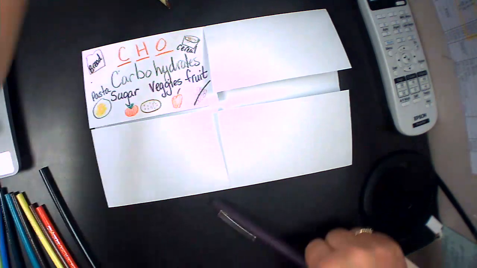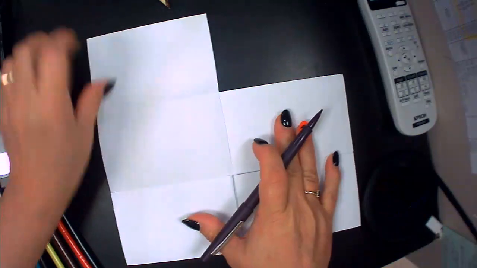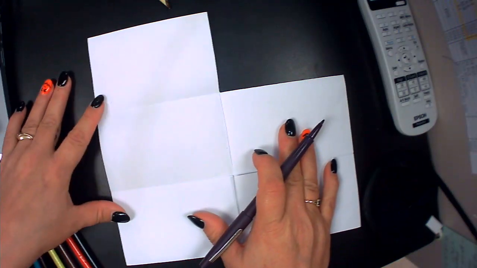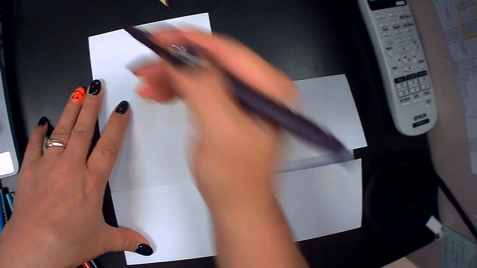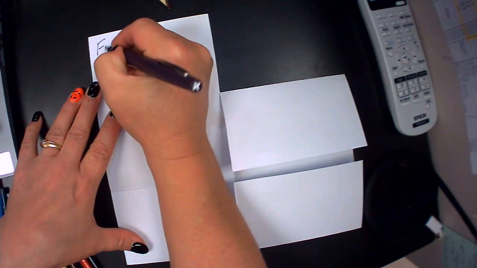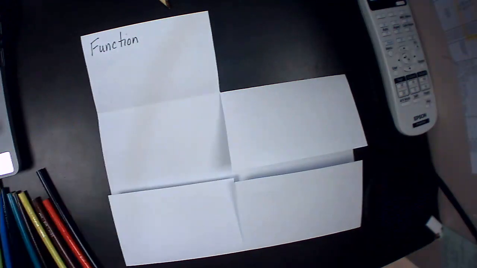So, I know you're wondering, Miss Smitha, why do we use these? What a great idea. What a good question to ask. Okay, so what we're going to do is open the flap. We're going to write function here. What are the function of carbohydrates?